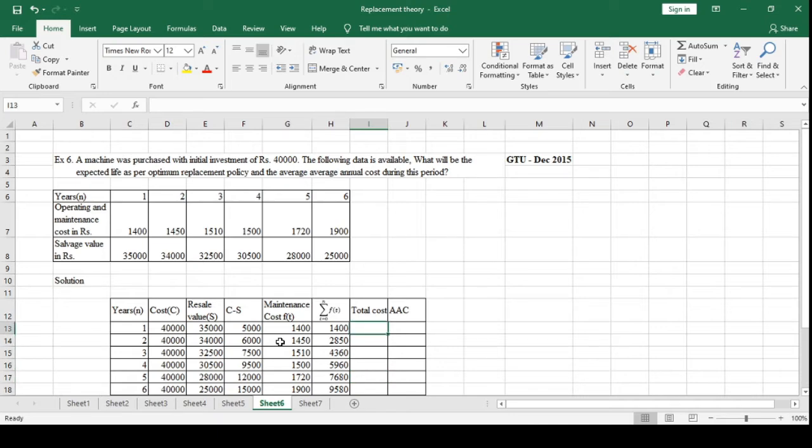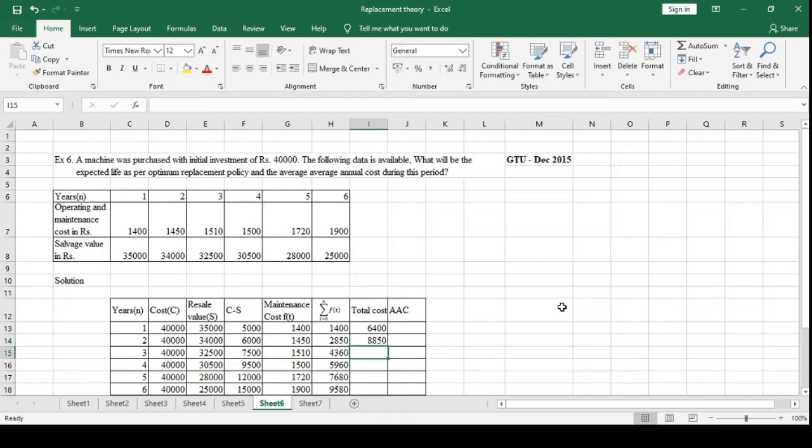Now your total cost. What is the total cost? As we know, the total cost is always C minus S plus cumulative maintenance cost. So your answer for the first year will be 5000 plus 1400, that is 6400. For the next year 6000 plus 2850, so our answer will be 8850.